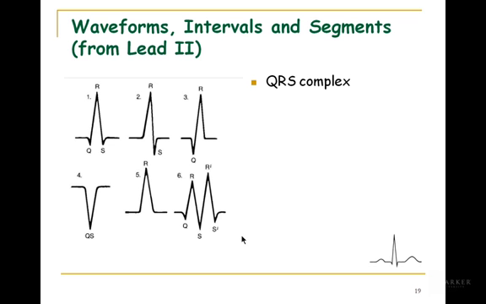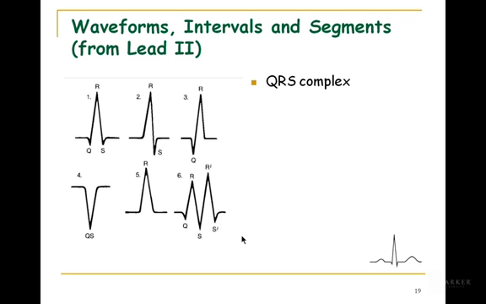Right now don't worry about voltage, we're just talking about duration. If that QRS complex is longer than 0.1 to 0.12 seconds, they call it an incomplete block within the Purkinje system. If it's greater than 0.12 seconds, they will refer to it as a complete block of conduction within the Purkinje system.